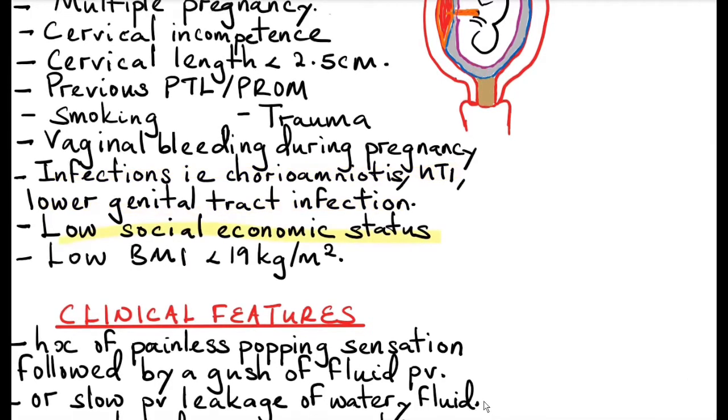Low socioeconomic status has been associated with PROM, P-PROM, and preterm labor. This is most probably because of poor sanitary conditions. So they are predisposed to, let's say, poor hygiene.